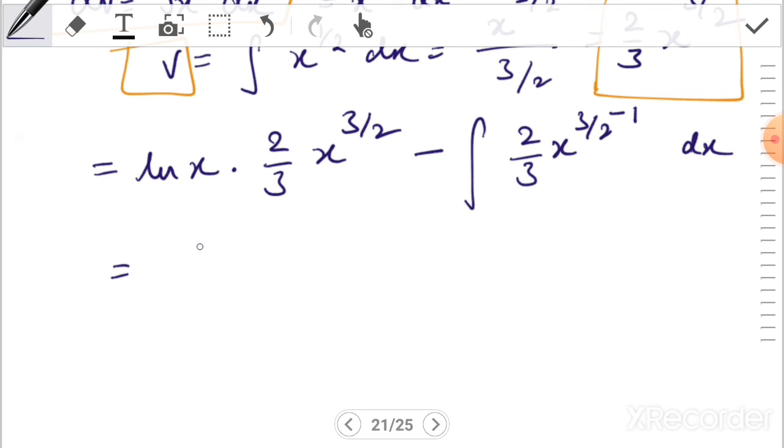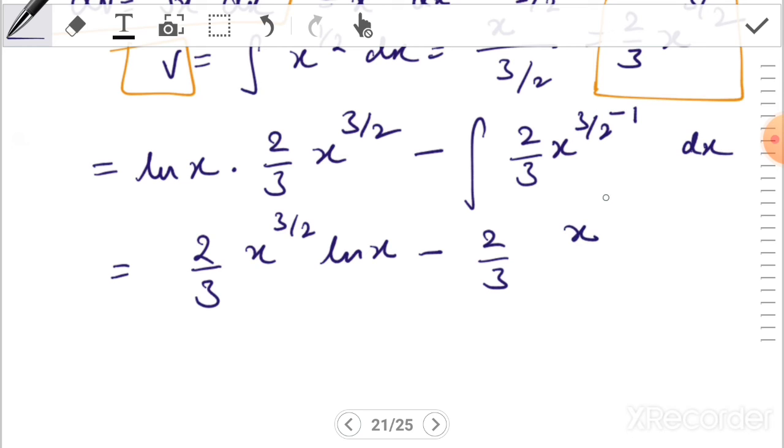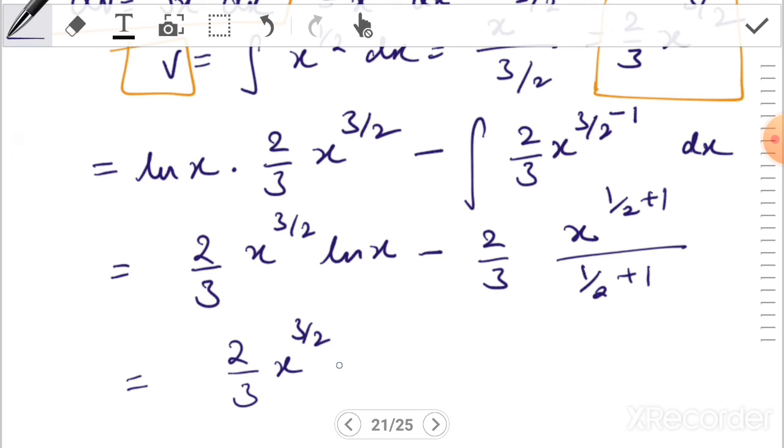So this is 2 by 3 x^(3/2) ln x minus 2 by 3 x^(1/2 plus 1) by 1 by 2 plus 1, that is 2 by 3 x raised to the power 3 by 2 ln x minus 2 by 3 x raised to the power 3 by 2 by 3 by 2.